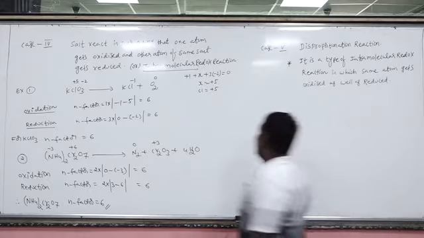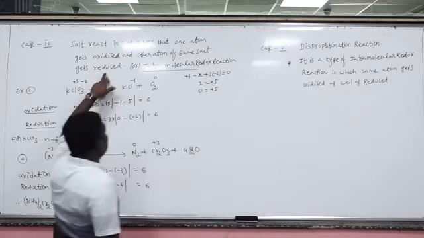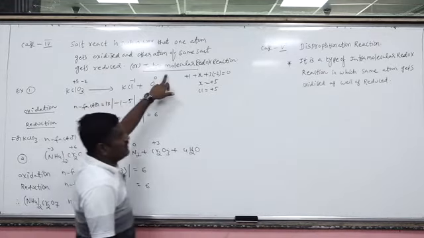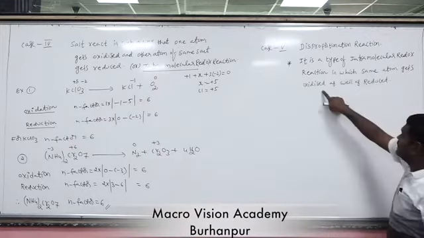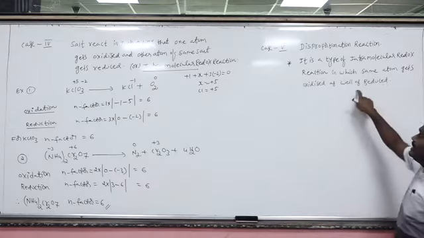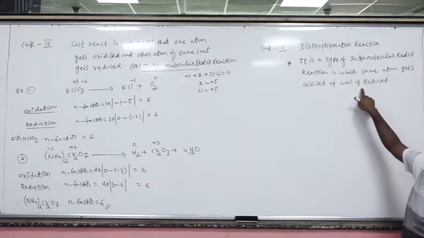If two different atoms undergo oxidation and reduction in the same compound, that is intramolecular. But if the same element in the same compound is oxidized as well as reduced, that means this is a disproportionation redox reaction.